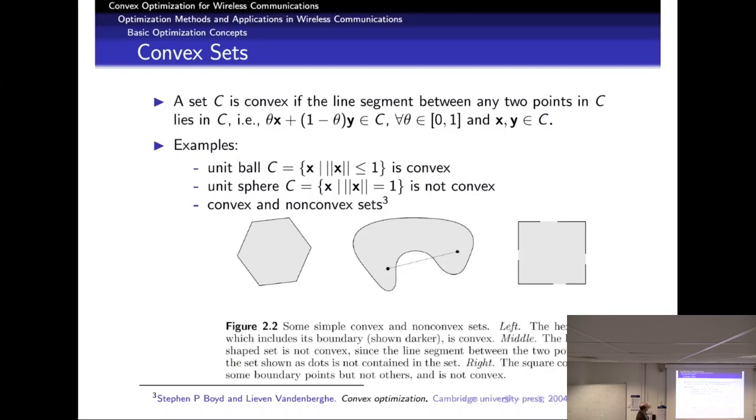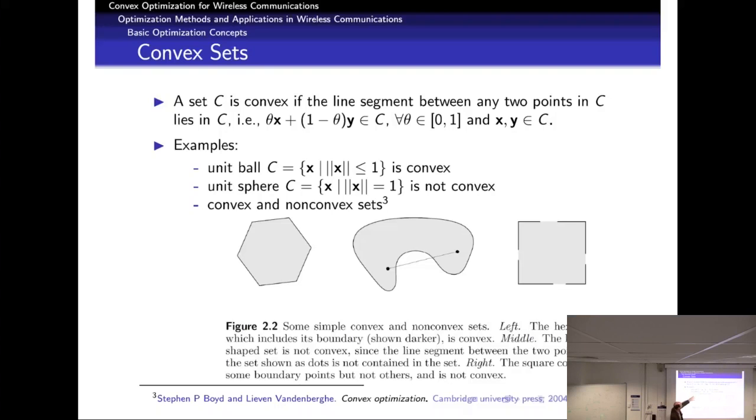If you take a unit ball, for instance, imagine you have a basketball. You take all vectors x such that the norm of x, the second norm or L2 norm, is smaller than 1. So you take all the points within your basketball, and if you take any 2 points, the line segment will always be within that ball.